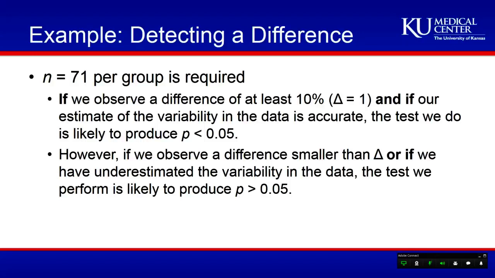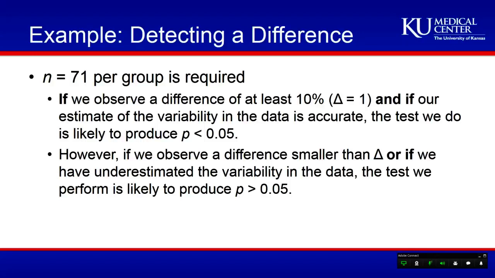In other words, you're probably going to flag it with p less than 0.05 because you designed your study to do so. Now, will it always flag it? The answer is no, because you only have 80% power. That means 80% of the time I will flag it. 20% of the time I won't.